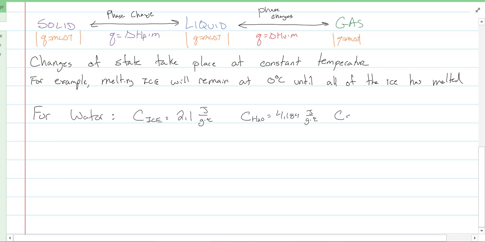And the specific heat of steam is 2.0 joules per gram degree Celsius. Delta HF happens to be 333 joules per gram. Delta HV happens to be 2260 joules per gram. So those are your constants for water, for H2O.